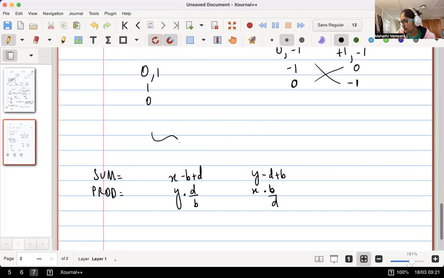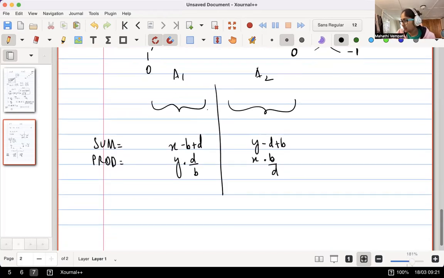Say any A2, and if you are exchanging B and D, the same thing should continue to hold.